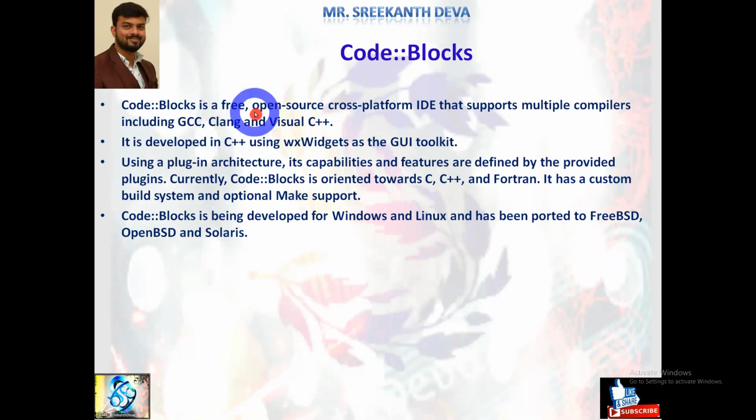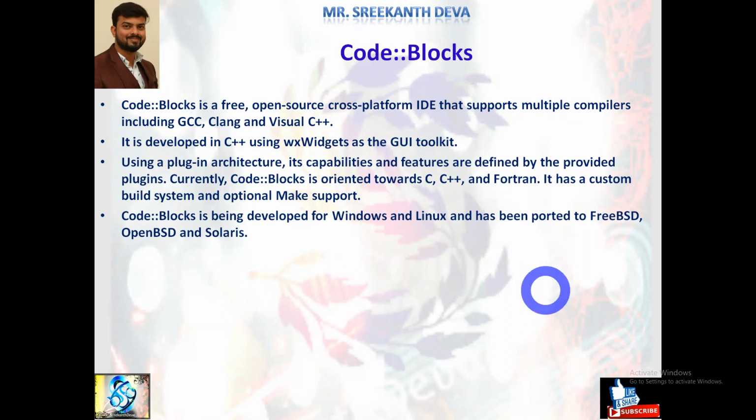Code Blocks is a free open source cross-platform IDE that supports multiple compilers including GCC, Clang and Visual C++. It is developed in C++ using wxWidgets as a GUI toolkit. Using a plugin architecture, its capabilities and features are defined by the provided plugins.